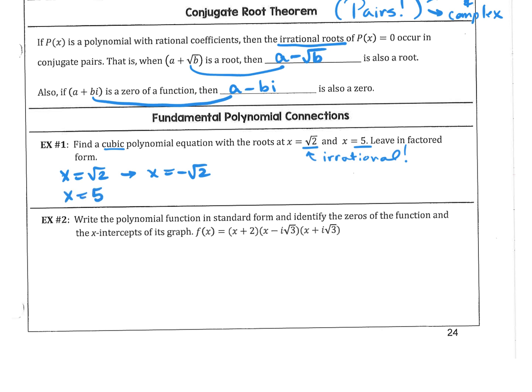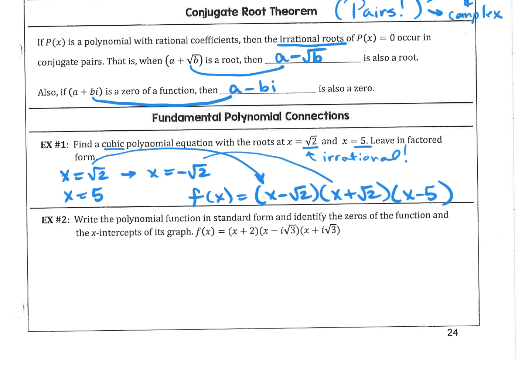So leaving it in factored form, we know that f of x equals, putting these in factored form, x minus root 2, x minus a negative root 2, which makes it x plus root 2, and then x equals 5 is x minus 5. So this guy becomes that, this guy becomes that, and this guy becomes that guy. And we know that the solution is this.